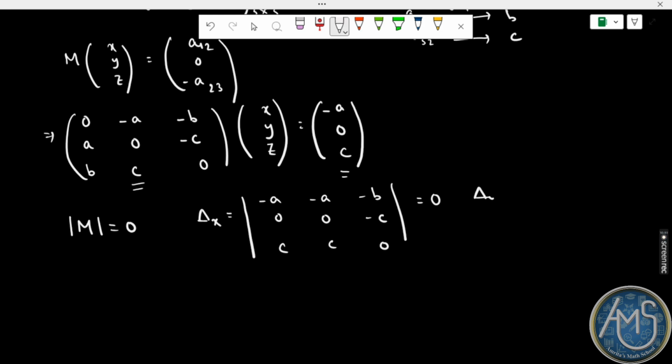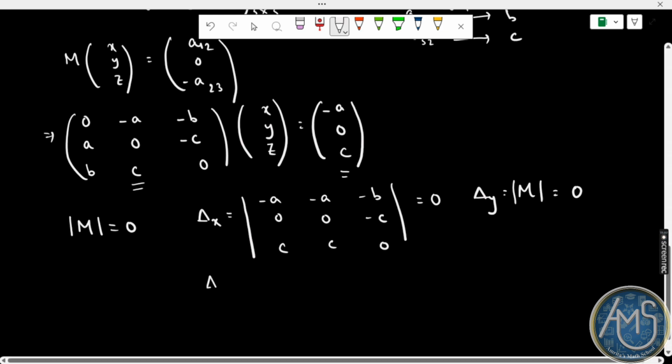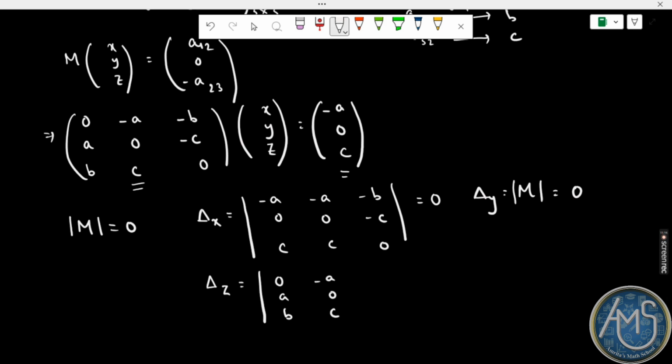Then del Y: we have to just replace this second column with the B matrix, so both are the same, so I can directly write it as M, which must be 0. And if I find del Z, then 0, A, B; minus A, 0, C, and now we have to replace the third column, so again minus A, 0, C, so it is also 0.